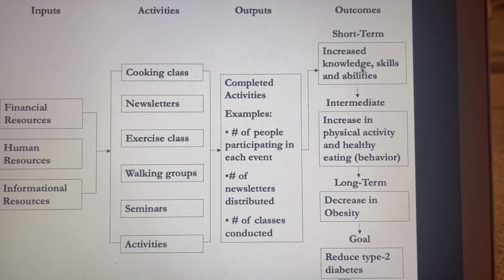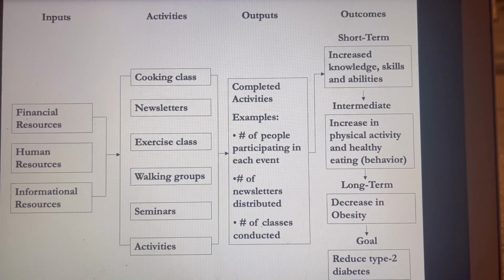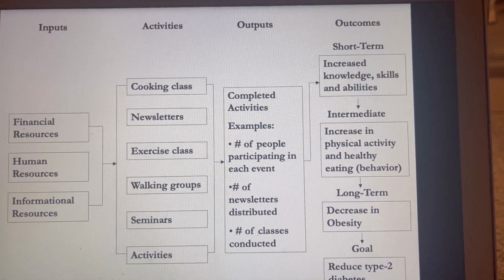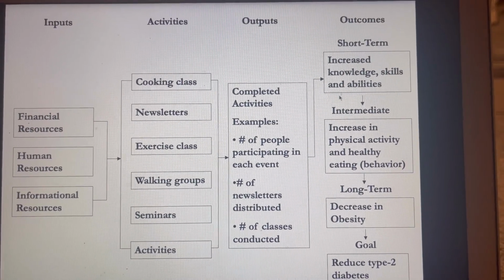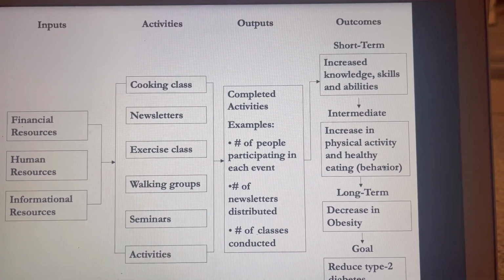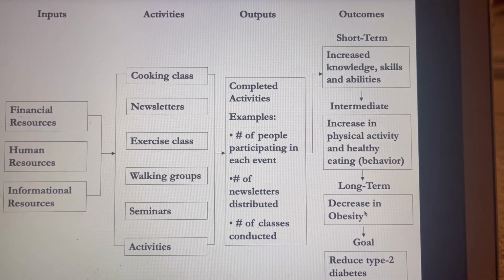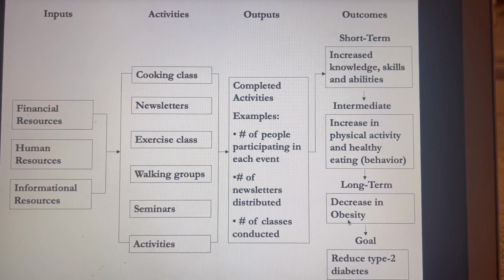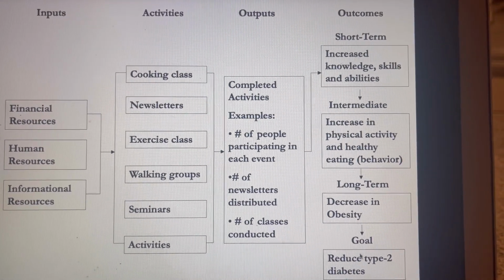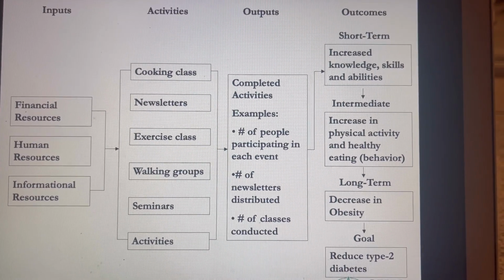After they have exercise classes, and after they have classes on how to cook healthy food, this is going to increase physical activity and healthy eating behaviors among the participants. Then this would lead to our long-term goal, decrease in obesity. Then after decreasing obesity, we see our goal, which is reducing what? Type 2 diabetes among your participants.